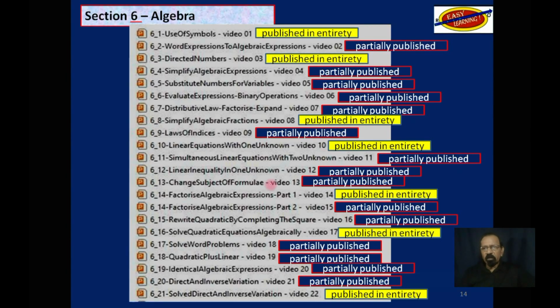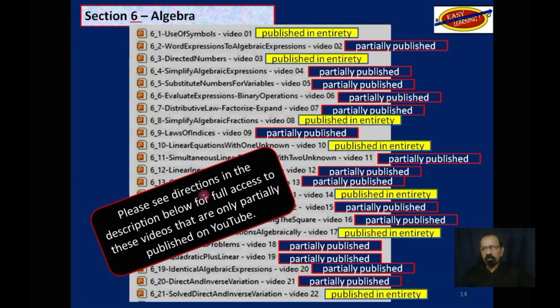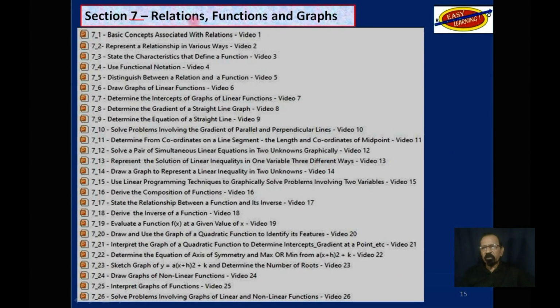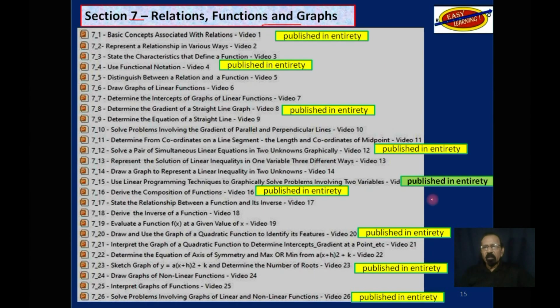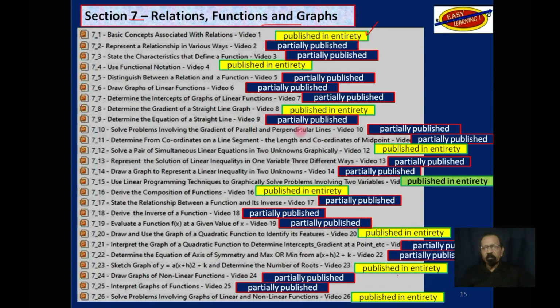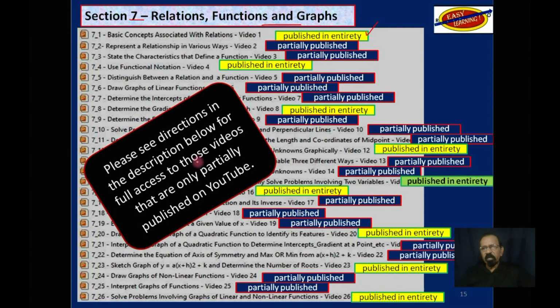The others only partially published. Again, the same pattern applies if you need full access. Section 7, relations, functions, and graphs. These that you see here have been published in their entirety on YouTube. The others partially published. Same principle applies if you need full access to these videos that are only partially published.